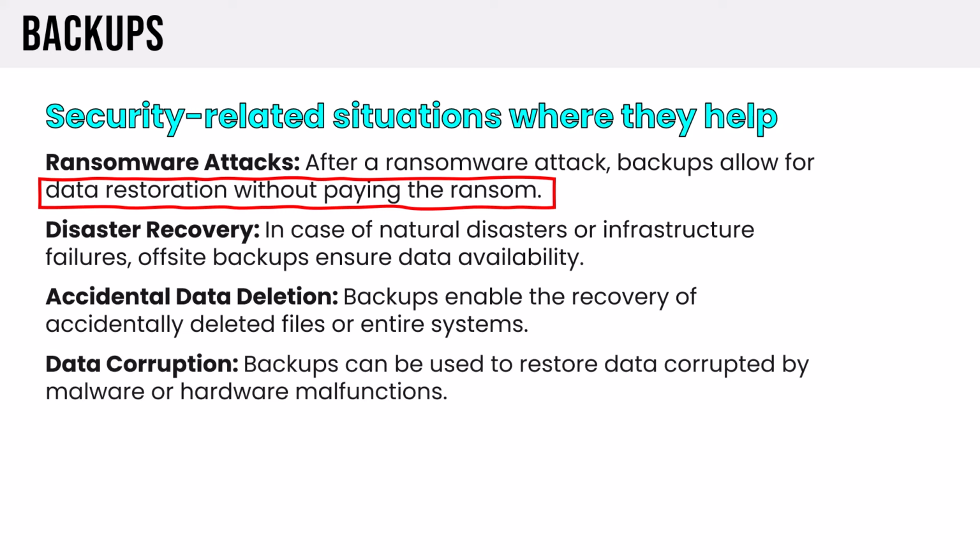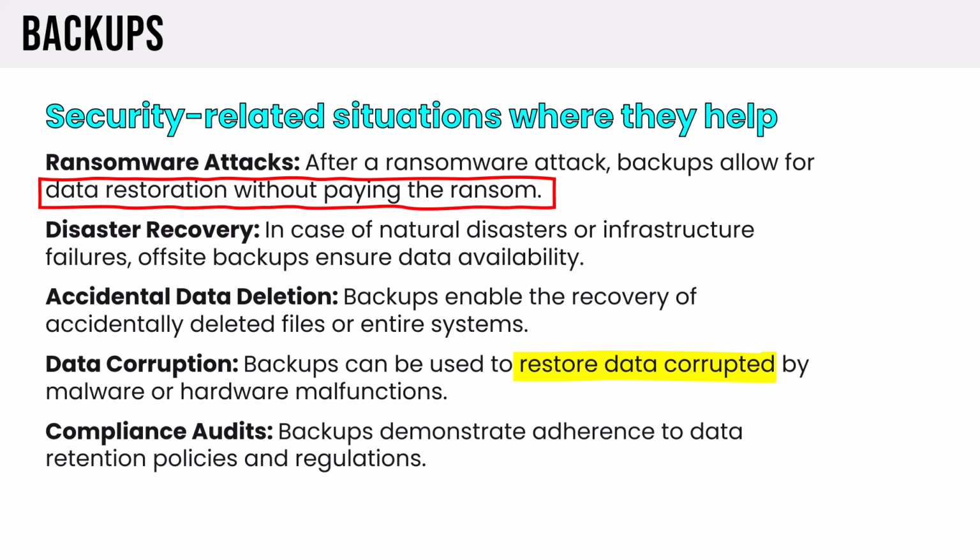Data corruption, so we can use backups to restore data corrupted by malware or even hardware malfunction. And I mentioned compliance. We could also use backups for compliance audits to demonstrate adherence to data retention policies and regulations. What you'd see in an audit scenario is a request from the auditor to restore a specific piece of data from a specific point in time.